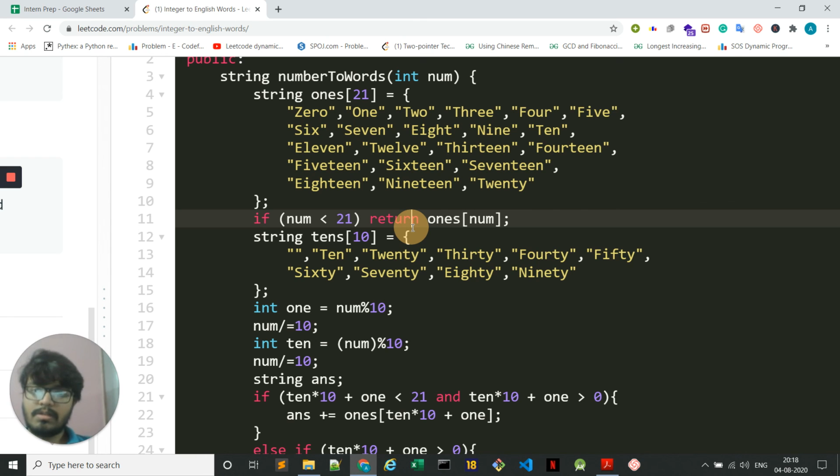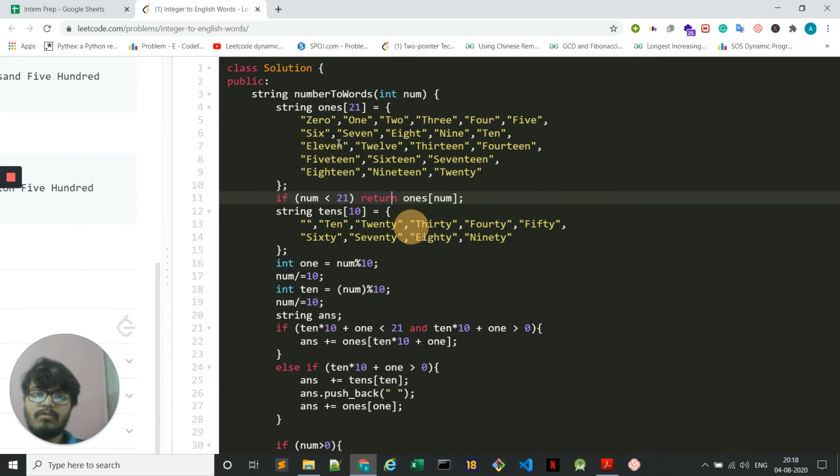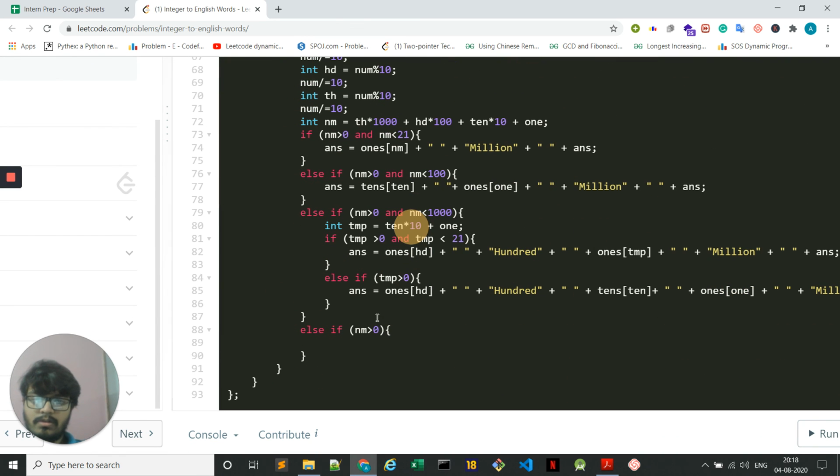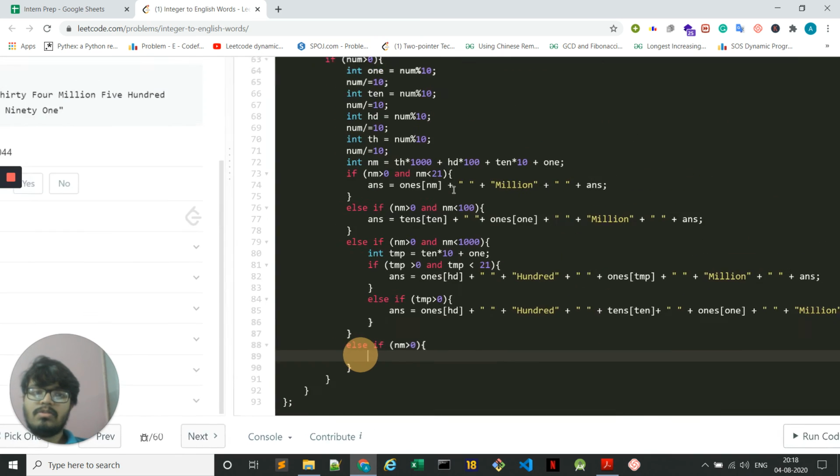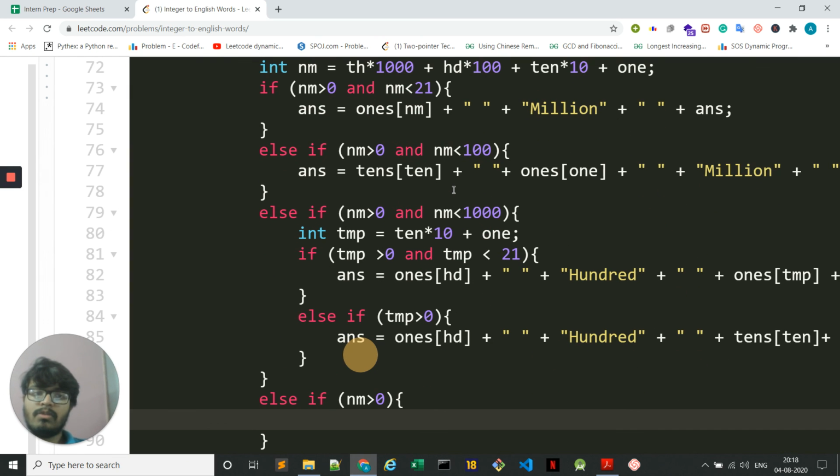Why did I do this? Because suppose the number is just a single digit and it is 0, then we have to show it is a 0, right? Now what is the case? If nm is greater than 1000, that means we need to talk in terms of 1000.